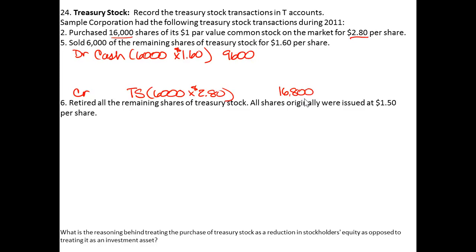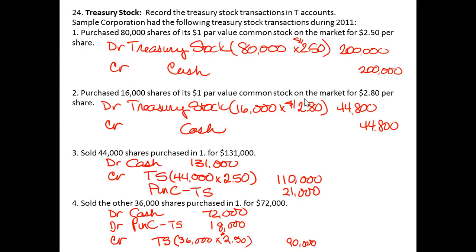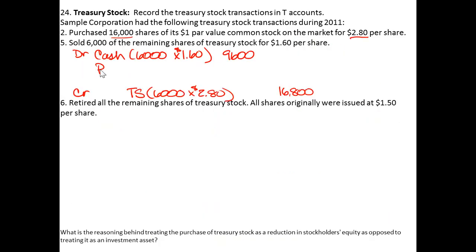Now we have a bit of paid-in capital Treasury stock left because we have the difference between the 21 and the 18. So the balance that we have in paid-in capital Treasury stock is $3,000. So the first thing we're going to do is debit paid-in capital Treasury stock to bring that account balance down to 0.